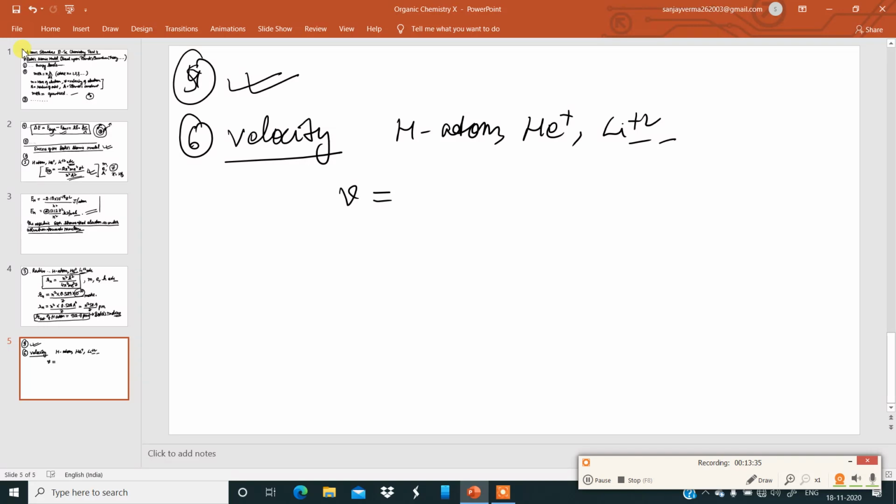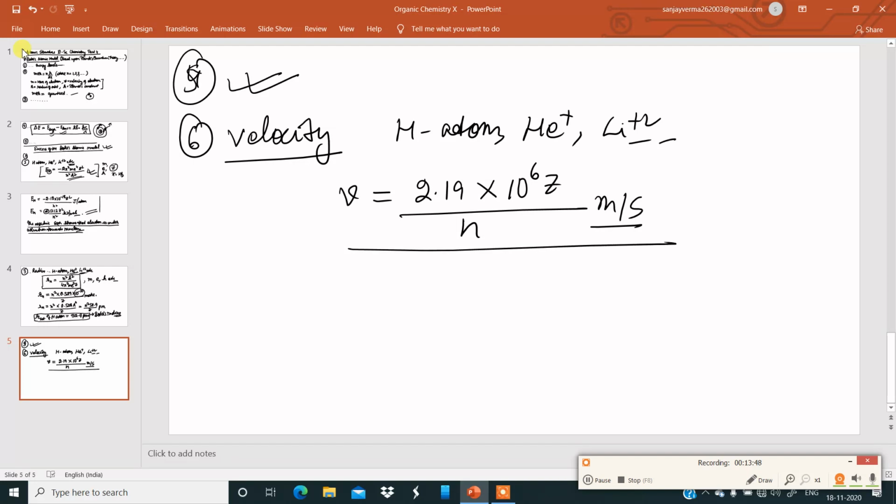V stands for the velocity, 2.19 into 10 to the power of 6 Z, the atomic number, by n. The unit is meter per second. So try to keep this formula also in your mind.